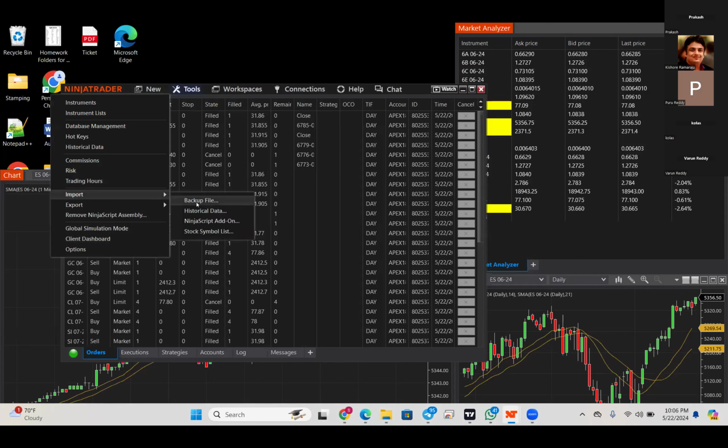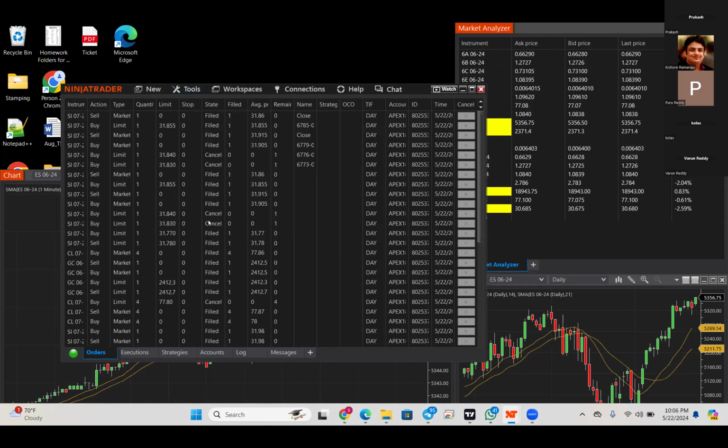What is it that you want to import? They sent the latest Replicant one. Click on the NinjaScript add-on, and then you can import the latest file. Okay, I will do that.